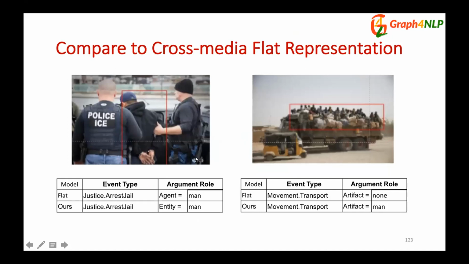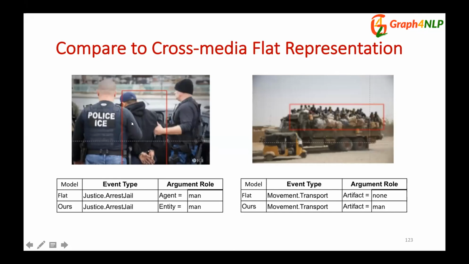Again, similar to multilingual embedding, there's a lot of work on multimedia embedding, but they usually only look at the word level and the pixel level or region level alignment. They ignore the structures. So compared to those kinds of methods, our model is able to find the roles.